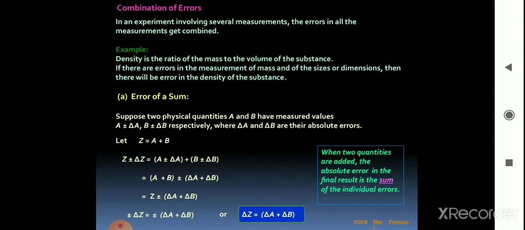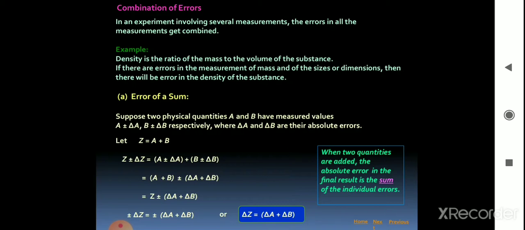Now we wish to find the error delta Z in the sum Z equal to A plus B. We are adding the two quantities A and B. Their absolute errors are delta A and delta B. So the sum also has an absolute error, represented by delta Z.